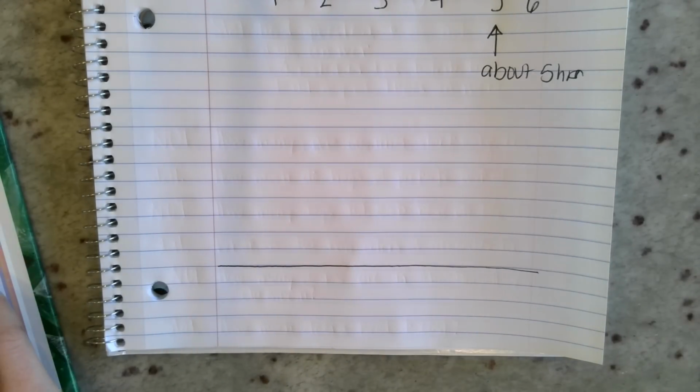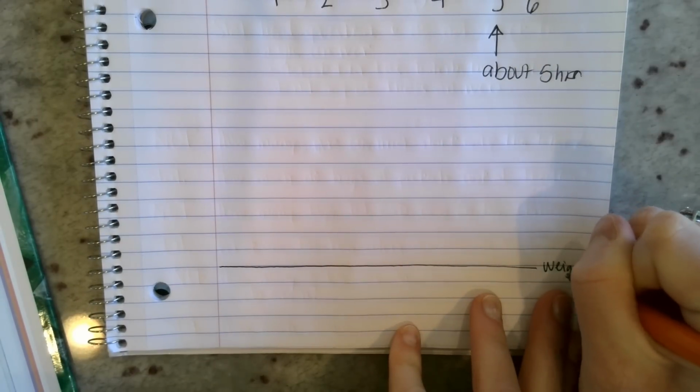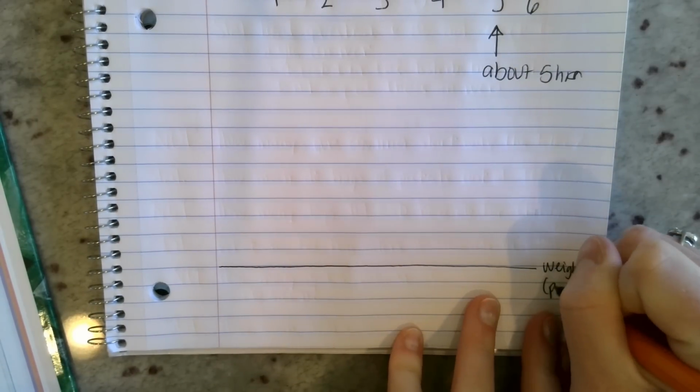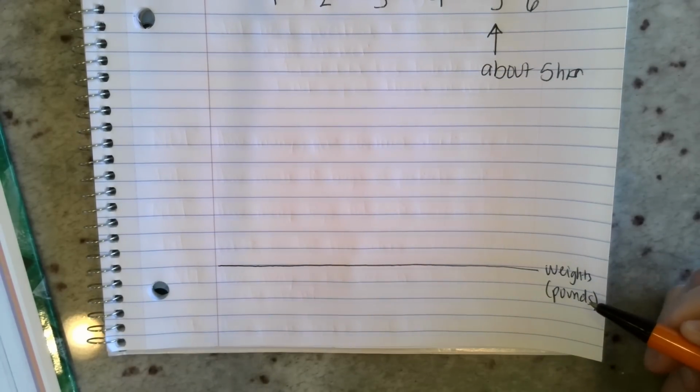Okay, so I'm going to do a better job using my actual lines on my paper to help me keep those dots spaced appropriately. So using that information on weights of cats in pounds, I know I have weights and pounds. That's where you need to label your dot plot.